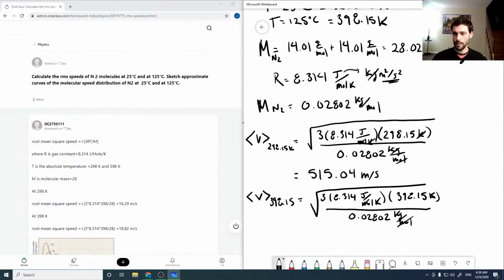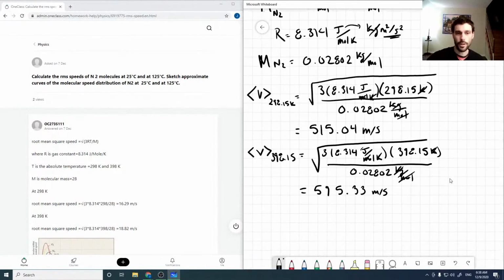Moles cancel, Kelvins cancel, the kilograms will cancel with the kilograms and the joules, leaving us with the appropriate units and giving us 595.33 meters per second. Okay, so those are our different speeds at different temperatures.